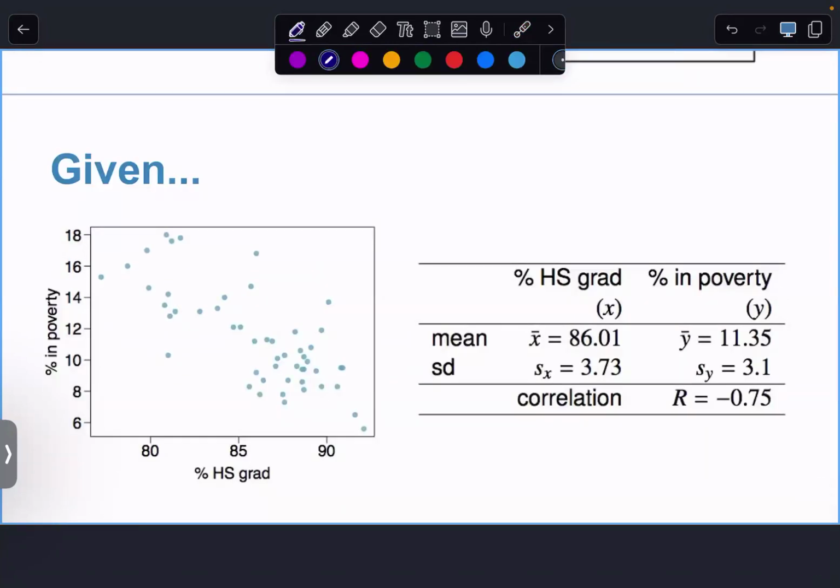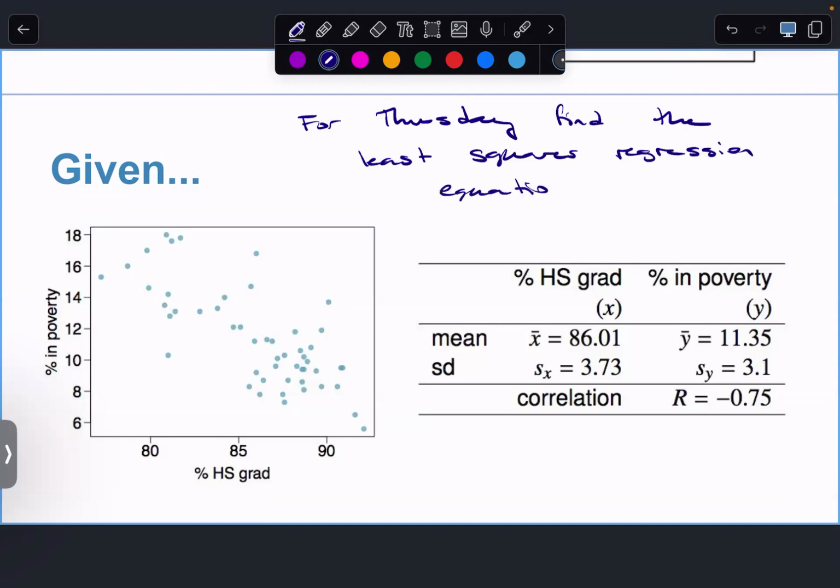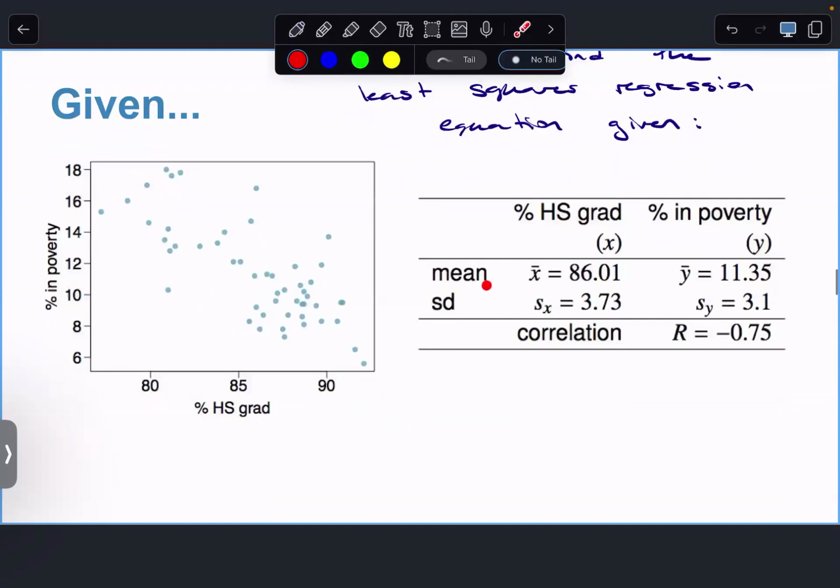And for Thursday, find the least squares regression equation given the mean and the standard deviation of your X's and your Y's, and maybe pretend that the X and the Y aren't given to you, just so you can have some practice gathering this information that you need, and the correlation.